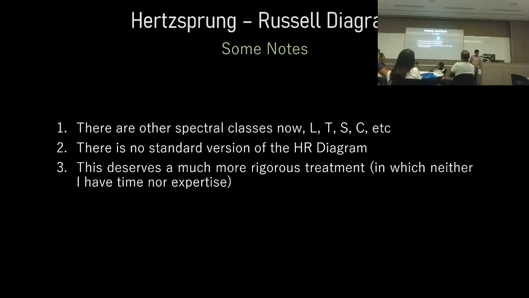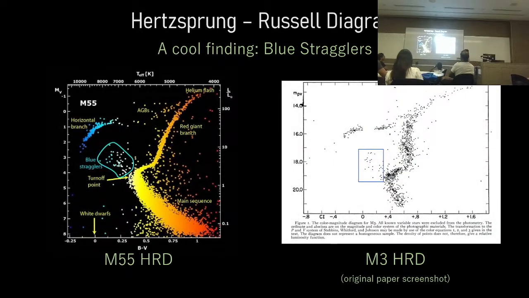So, has the HR diagram ever been used for something important? Yes. This is one of my favorite uses of the HR diagram: something called blue stragglers. I just find them extremely fascinating because of their names. Like they are left behind, blue stragglers.